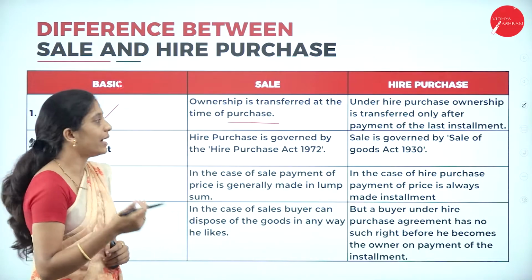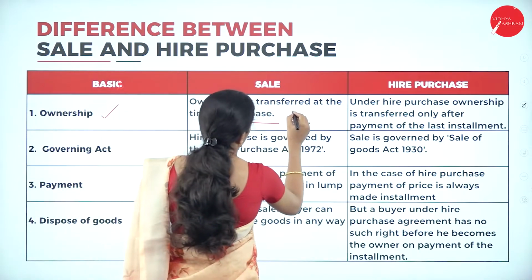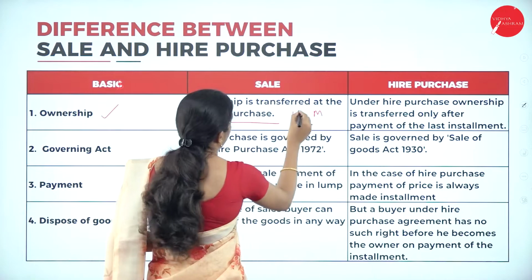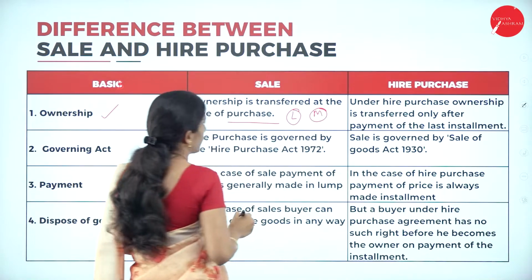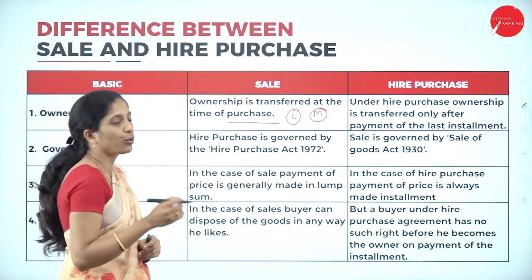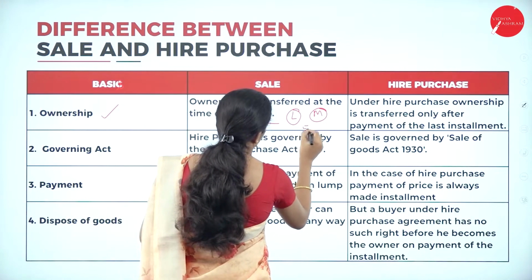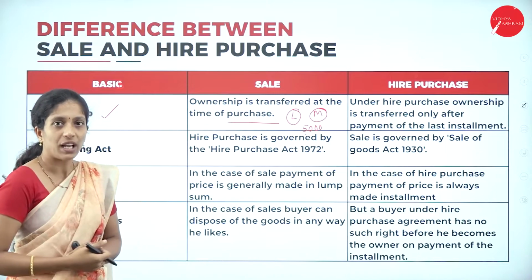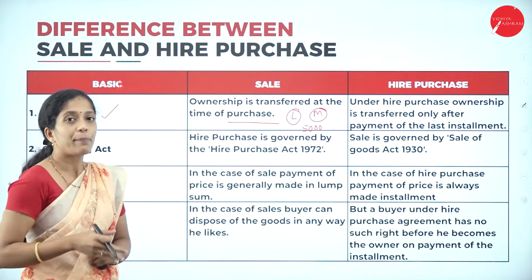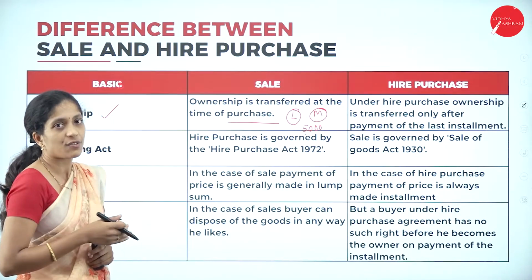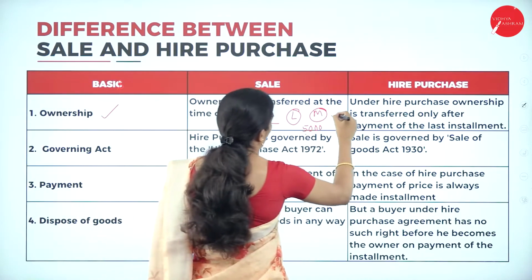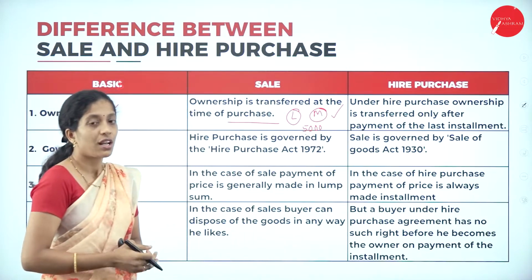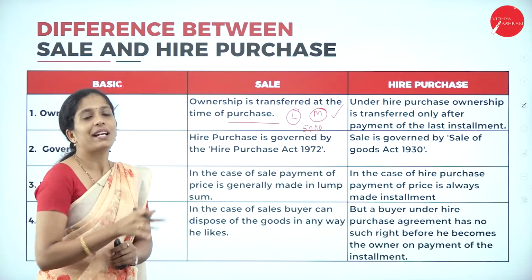For example, there are two parties, L and M, where L is a seller and M is a purchaser. They have purchased goods worth rupees 5,000. Immediately M will make payment to L. Here the ownership is completely transferred to M. Now M becomes the owner of that particular goods because M has completely made the payment.